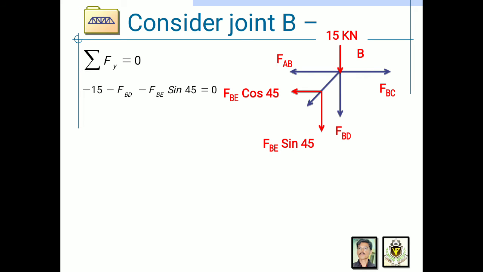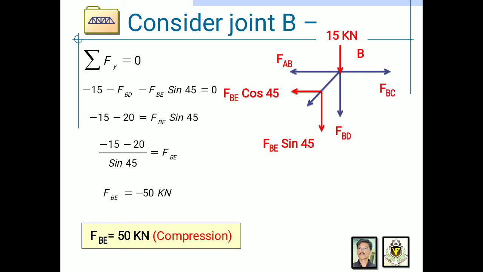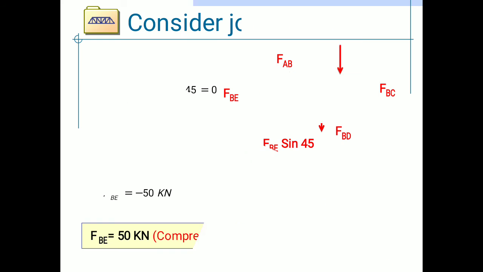Three vertical forces, therefore we take the summation of these three forces: minus 15 minus FBD minus FBE sin 45 is equal to 0. By solving this equation, we will find the value of FBE, which is minus 50 kilonewton. The negative sign means FBE is 50 kilonewton compression.